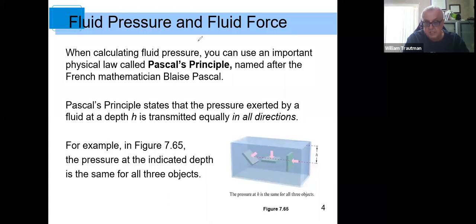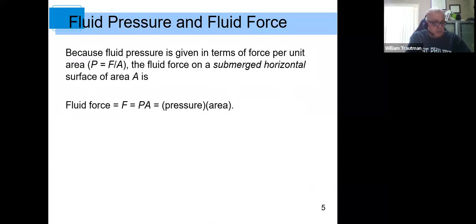All right, we'll get to it already. Okay, so we wrote down first P equals WH. Now we need to write this formula down: F equals pressure times area.